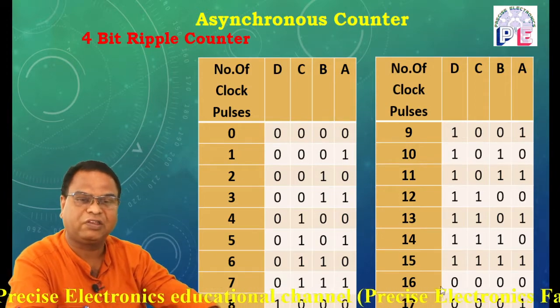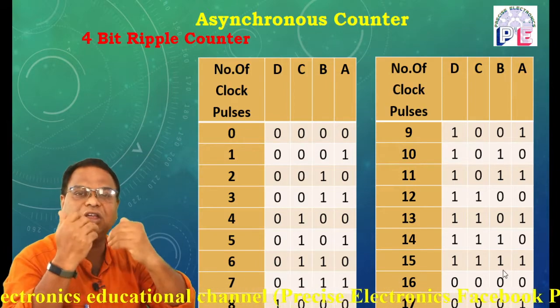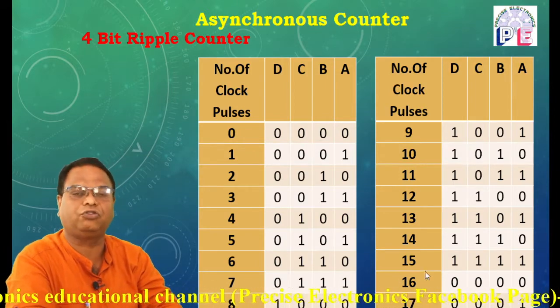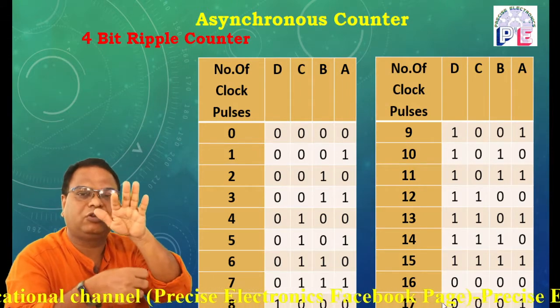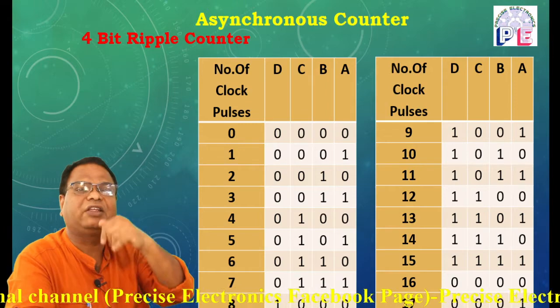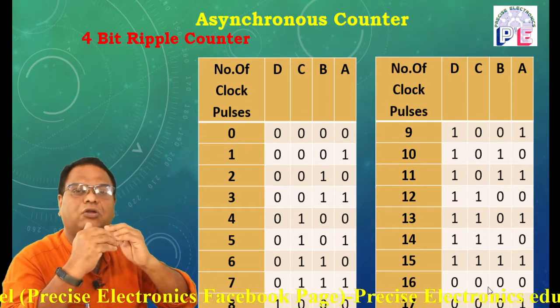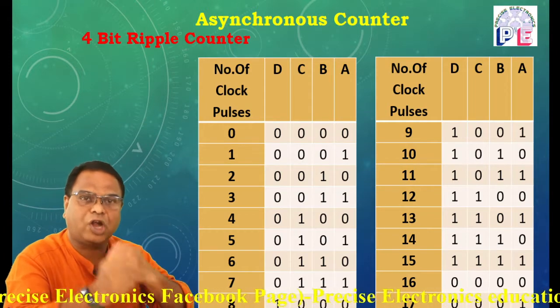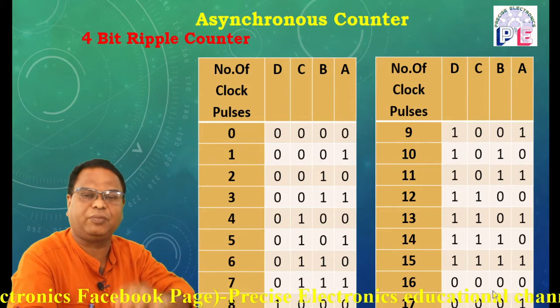Before applying any pulse, the output of counter is the same, 0 0 0 0. So when the 17th pulse appears, at the negative edge of the 17th clock pulse, once again the output of counter becomes 0 0 0 1, and this process remains continuous.